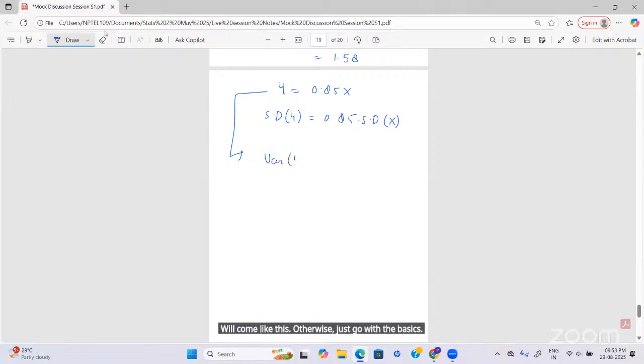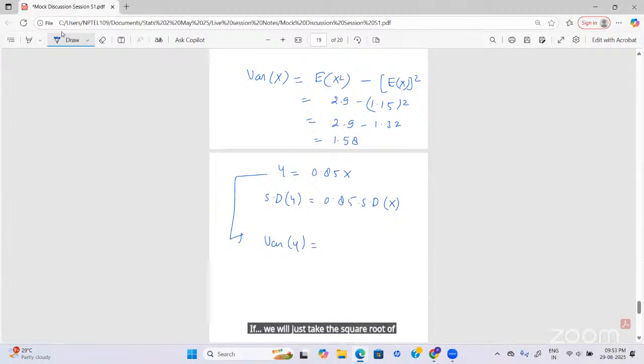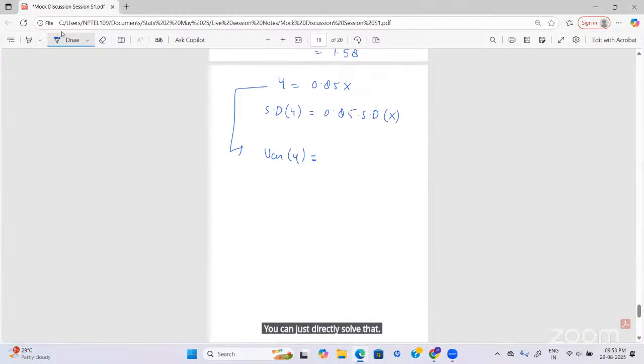So what will be the variance of Y? Can we find the standard deviation of X directly by square root? Yes, just take the square root of it and it will give you the standard deviation of X. You can just directly solve that. But in case you don't remember, I am just telling you from the basics.